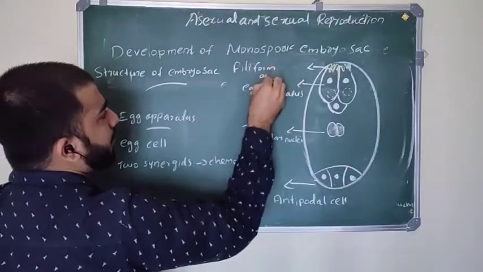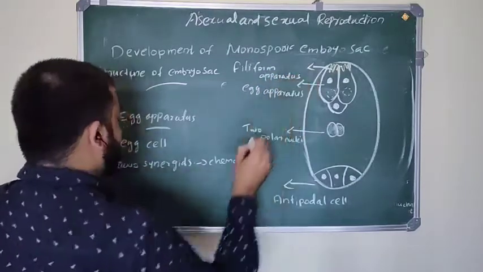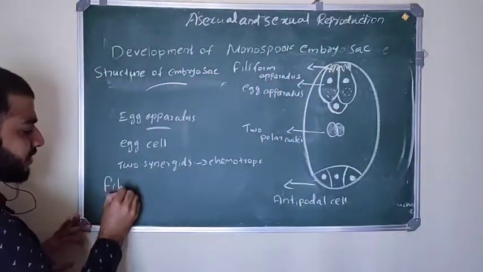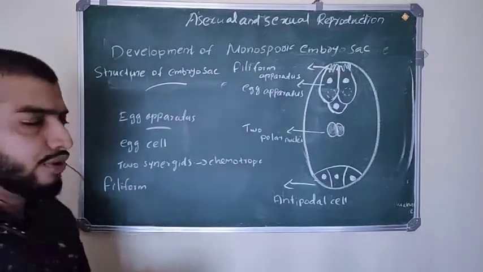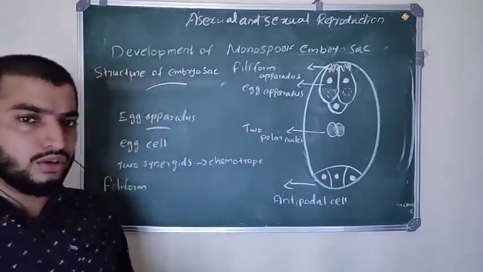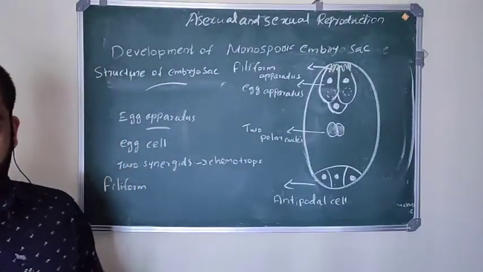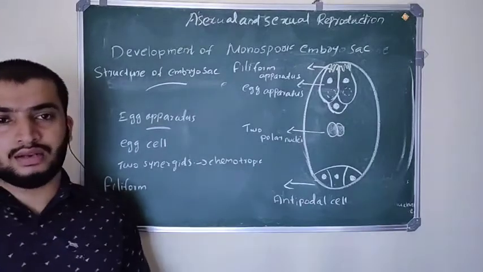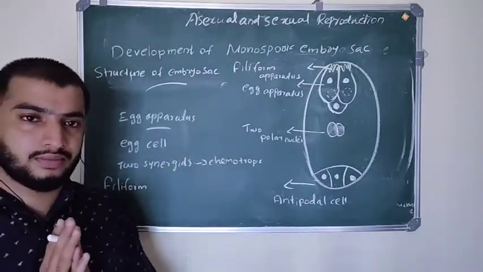The function of the filiform apparatus is that it conducts nutrients from the nucellus into the embryo sac, and it also helps the pollen tube get into this embryo sac. Okay, so this is about the complete structure of the embryo sac.